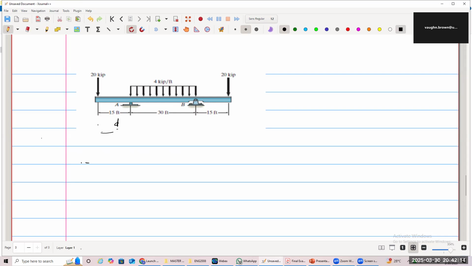So between here and the first point load we call D, we start typically from down here. So down here, let's say that you're cutting it between, this was C, and what do we call that? D. So they call that first D. The next cut you would make is probably right here, right?